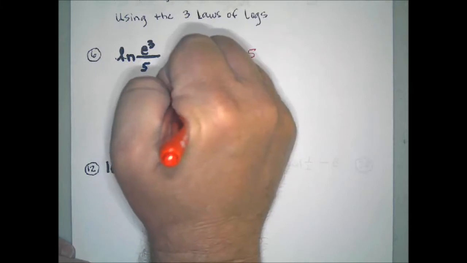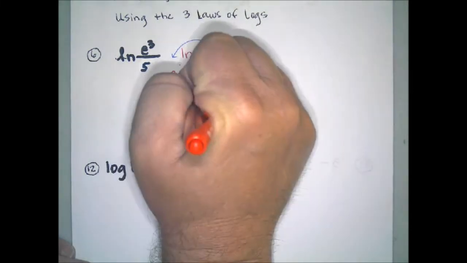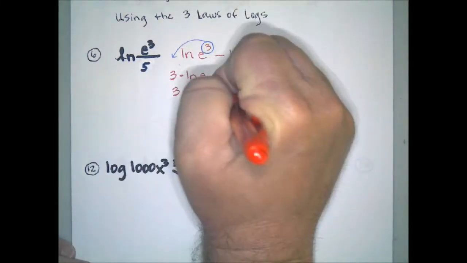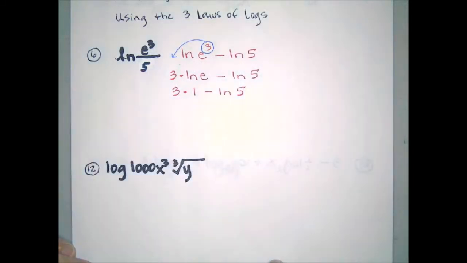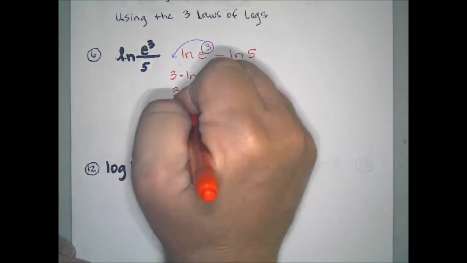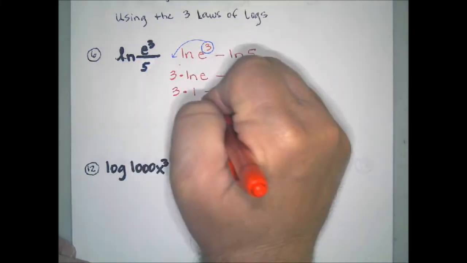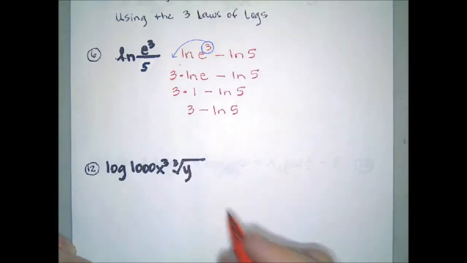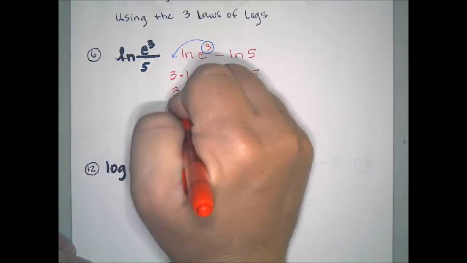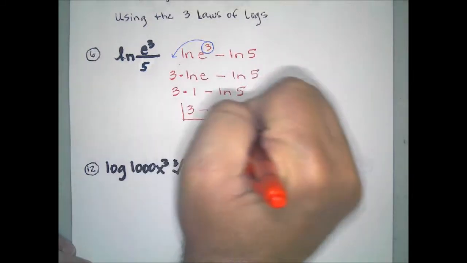So this is 3 times 1 minus the natural log of 5. 3 times 1 is 3. So it's 3 minus the natural log of 5. And there's your most simplified answer you can get for this problem.